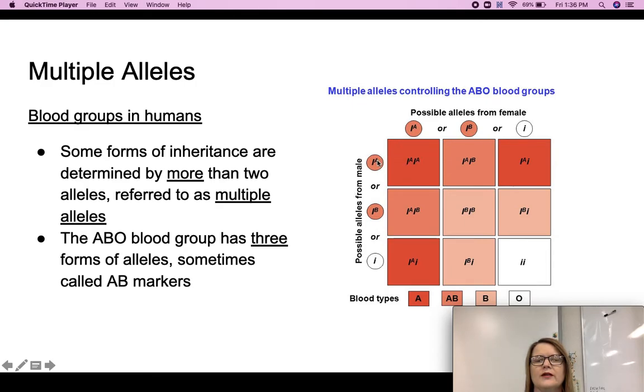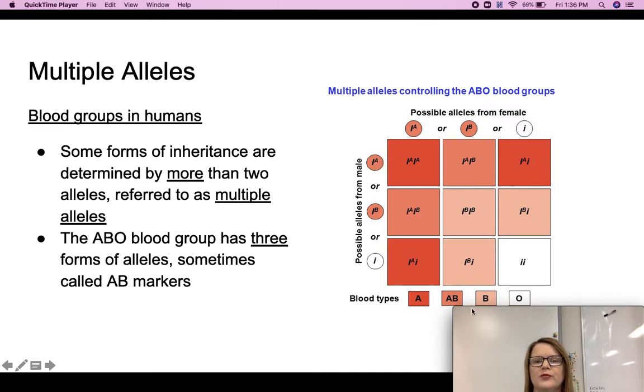Blood type A is represented by capital I and superscript capital A. Blood type AB is represented by capital I superscript capital A, capital I superscript capital B. And if I said subscript over here, I apologize, that should be superscript.